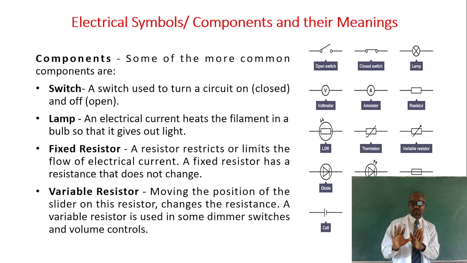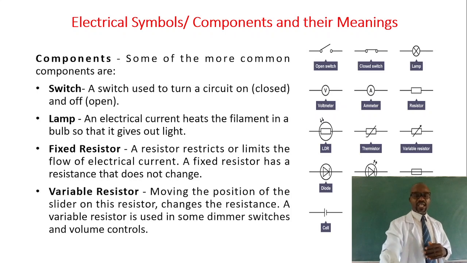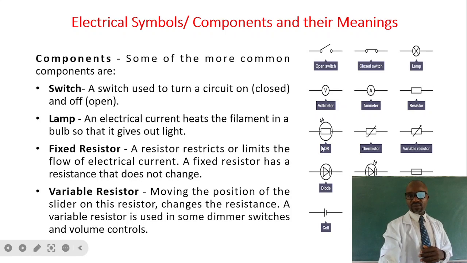It's a resistor that restricts or limits the flow of electric current around the circuit. It is fixed because it doesn't change. That's why it is called a fixed resistor. Now let's look at the symbol of a fixed resistor. Look at it, very plain and smooth.